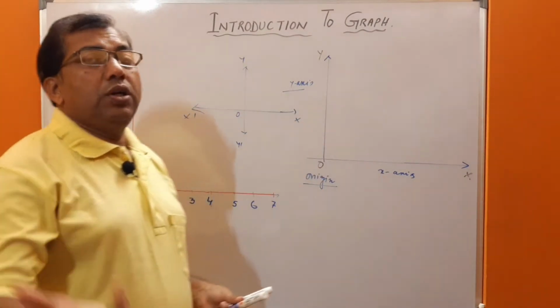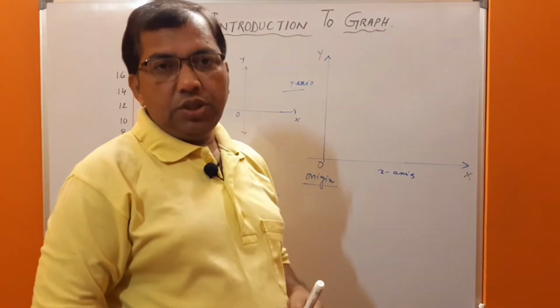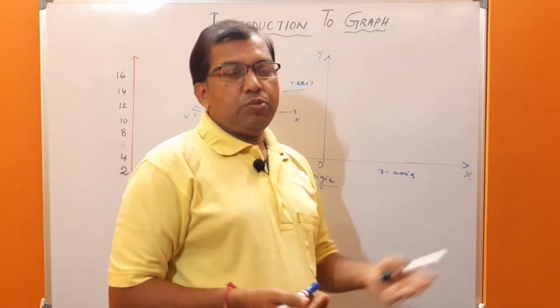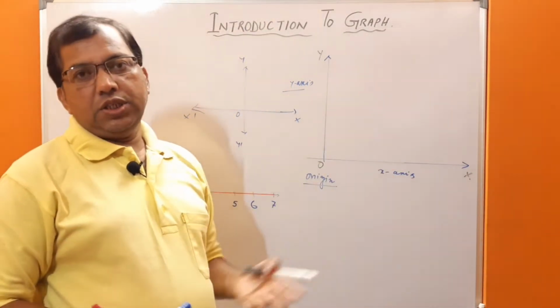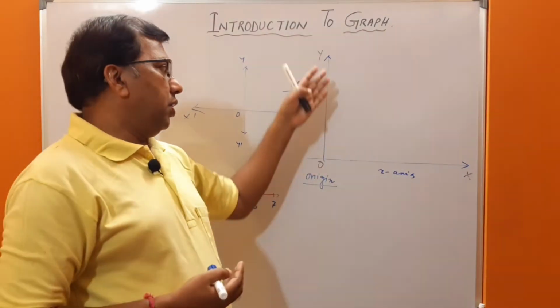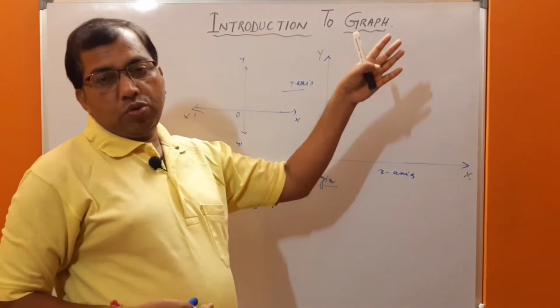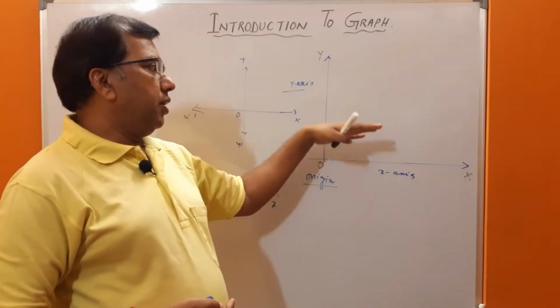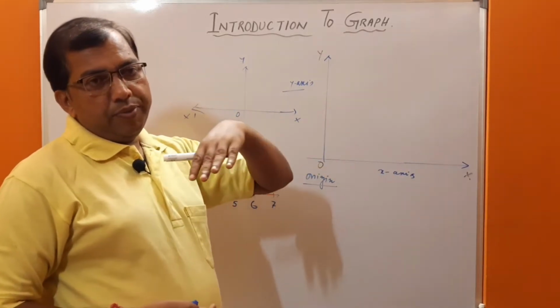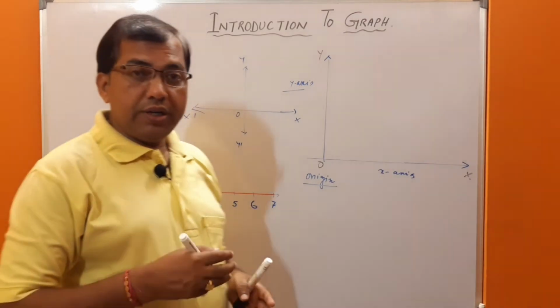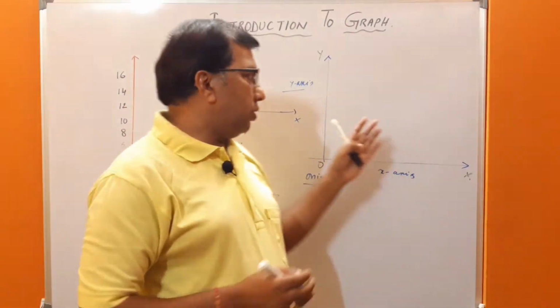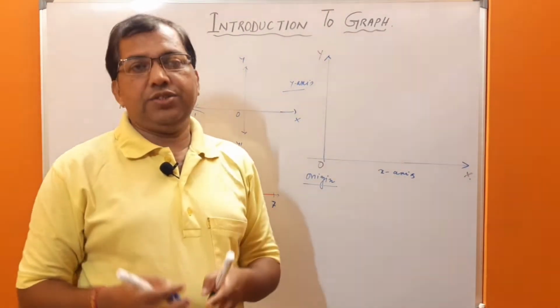We have seen some facts in the television and in the newspaper as a graph. Suppose the runs scored by Sachin Tendulkar are seen through a graph. So what is this graph? It is the visual representation of data, so that we can visualize it.